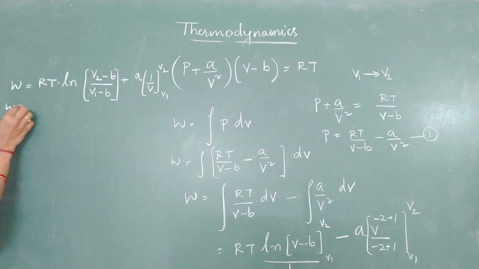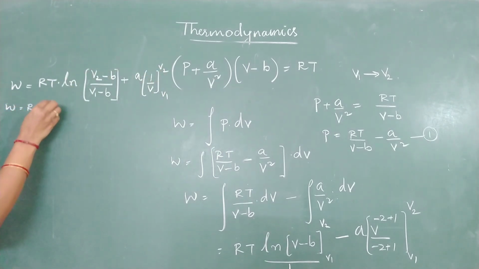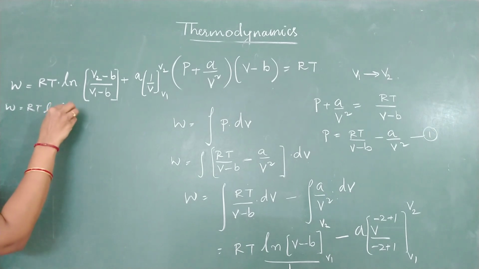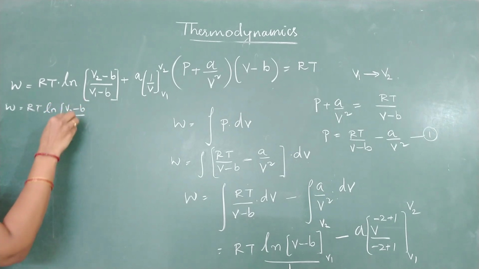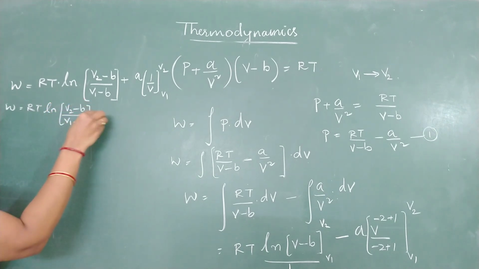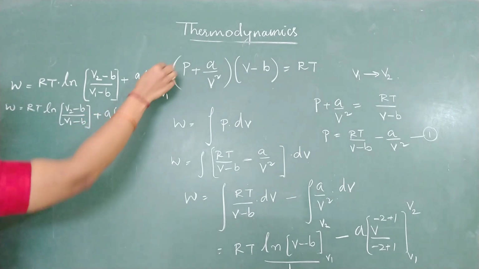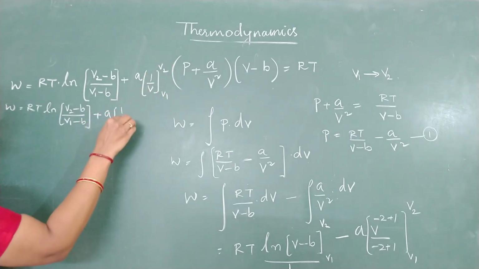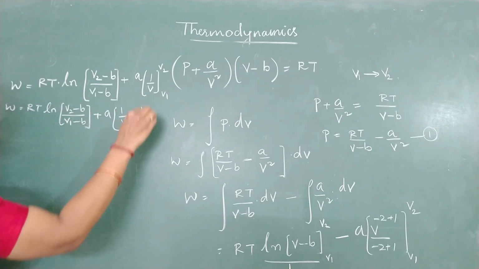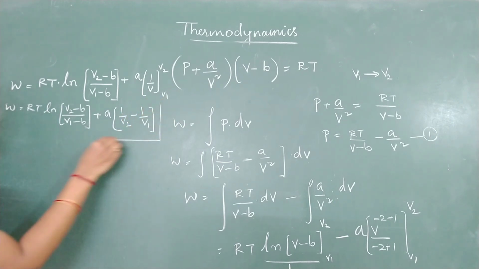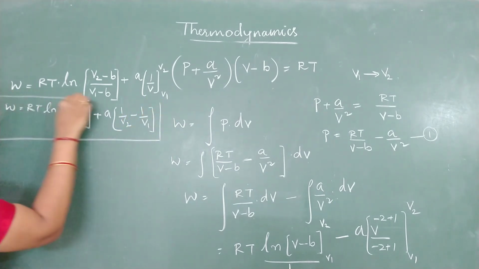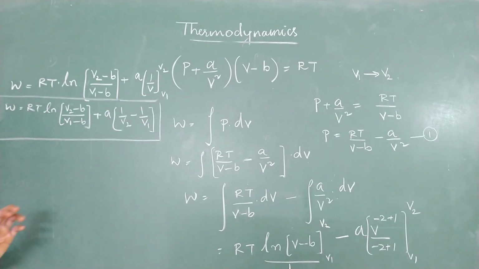Substitute the limits: RT log of V2 minus b by V1 minus b as the first term, plus a times upper limit minus lower limit, 1 by V2 minus 1 by V1. So this gives you the work done for a real gas which is obeying the van der Waals relation.